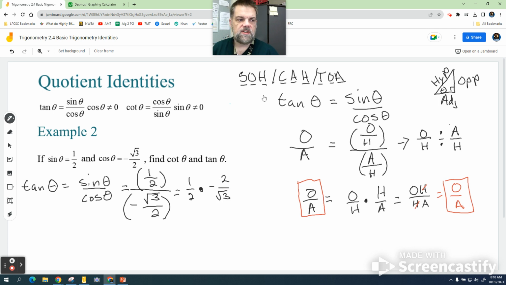What happens to the 2's? They cancel. And don't forget this negative sign, so you get negative 1 over the square root of 3. I have to rationalize the denominator, and I get the square root of 3 over 3, but it's negative.